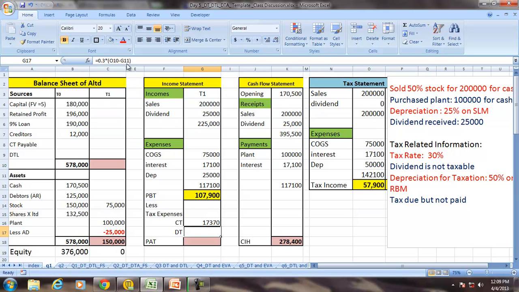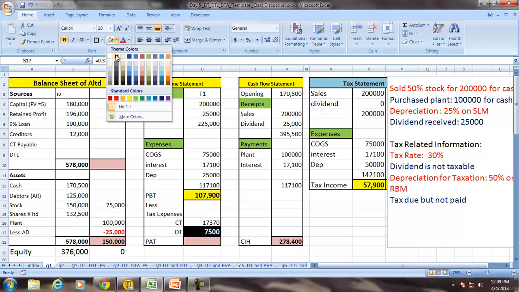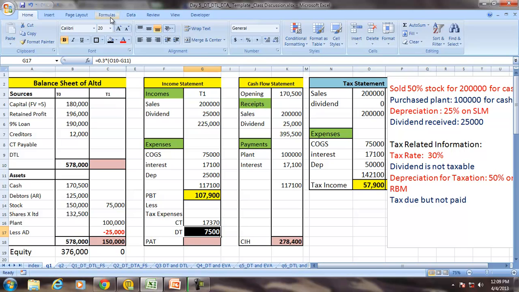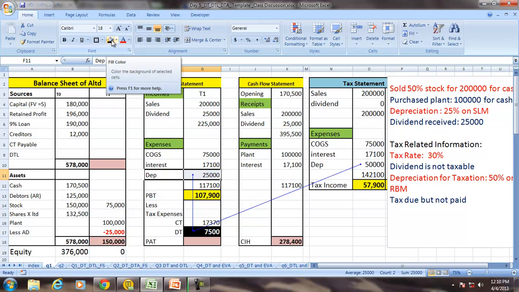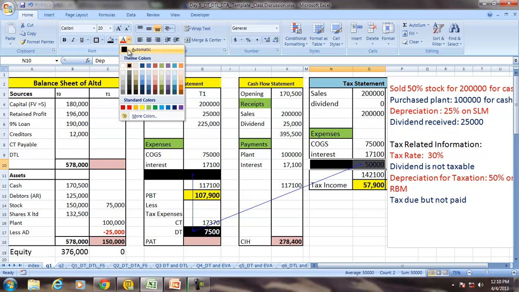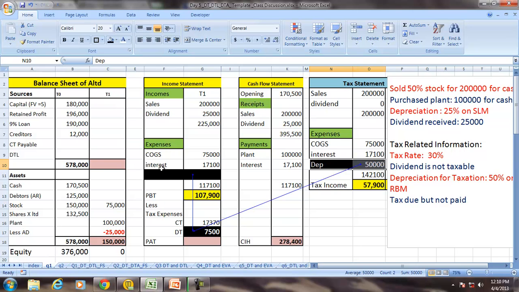The deferred tax is calculated in this case as 30% on the difference between the taxable expenses and the accounting expenses. In this case, only depreciation is different in taxation and accounting. So therefore, the timing difference arises only because of depreciation.